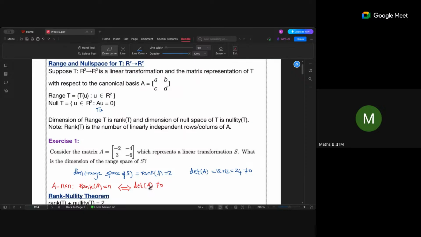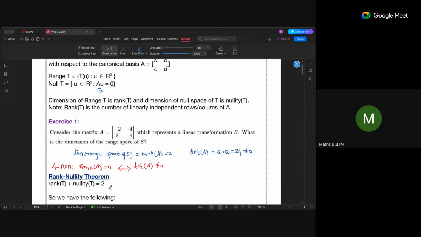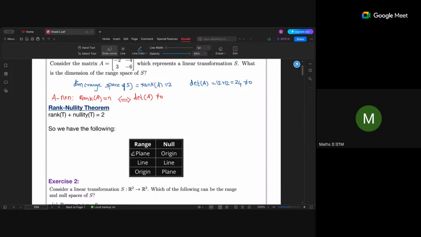Okay, fine. And the rank nullity theorem is what we already saw. Rank of T plus nullity should be equal to 2, right? Because of this, if the range is a plane, then the null should be the origin, and if the range is a line, then the null should be a line, and if the range is the origin, then the null should be a plane. What is the dimension of a plane? Dimension is 2.